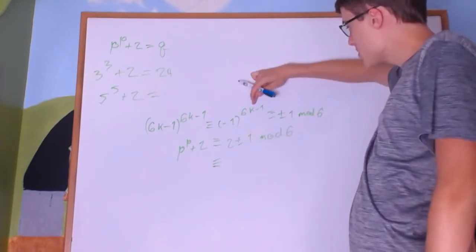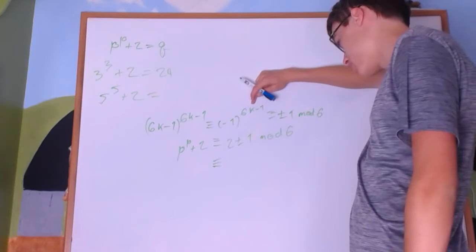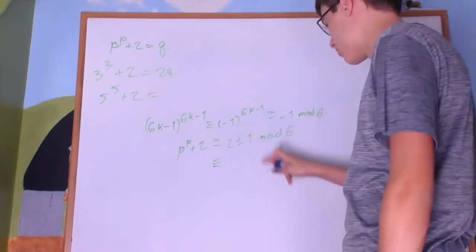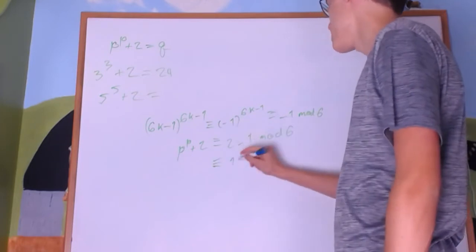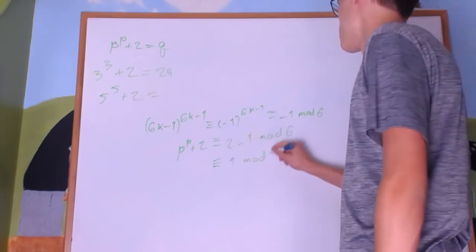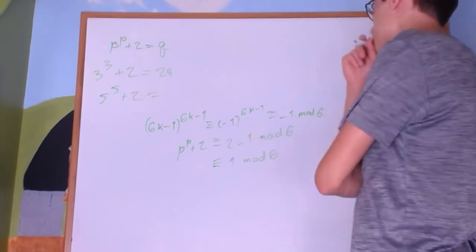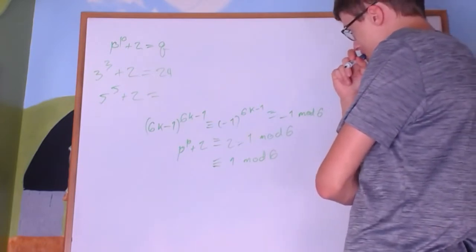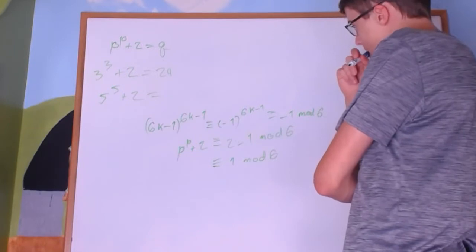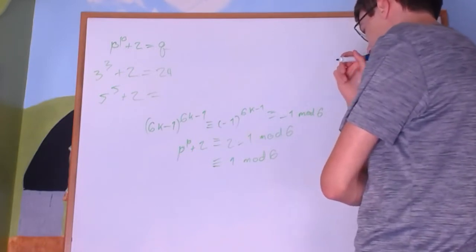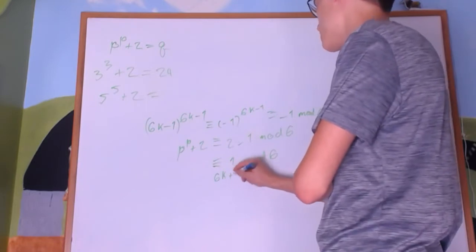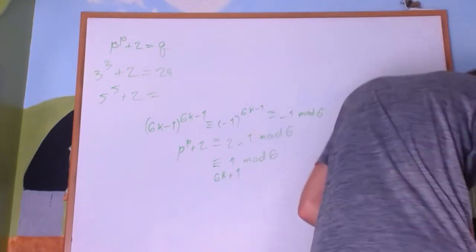Actually, that would be an odd number. Negative 1 to an odd number would always be negative 1. So 2 minus 1 is 1 mod 6, which makes it hard. Yeah. That's the one I didn't want to get. So that one is the case of 6k plus 1, which it could be a prime.